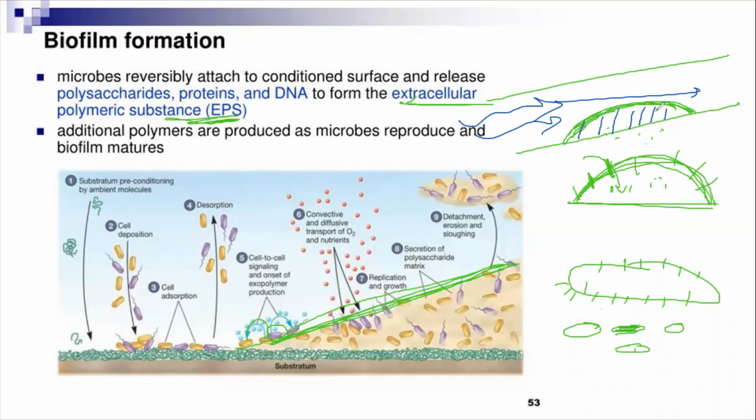It is not going anywhere. They are that strong. Unless you come with a knife or something to scratch it out, it is really very difficult to remove with just the pressure of water or added chemicals. This layer is so strong and so thick that none of the chemicals are able to penetrate and kill the bacteria.